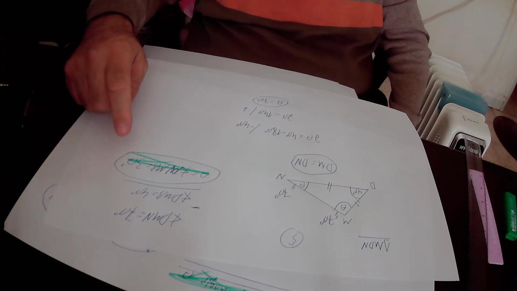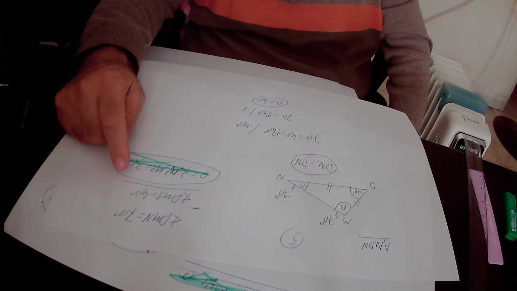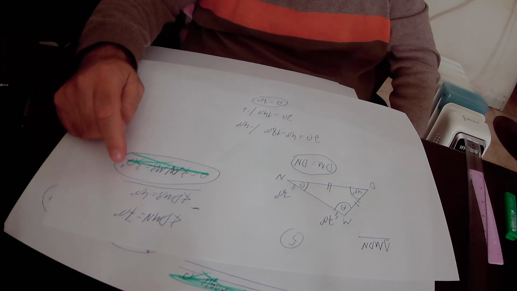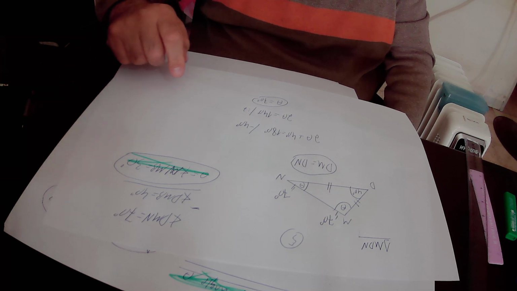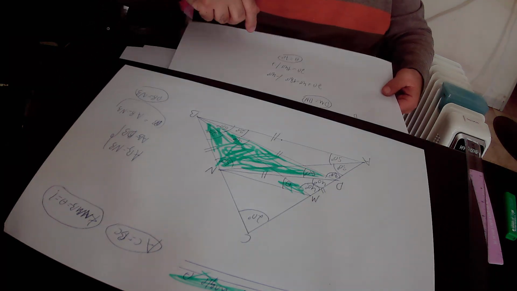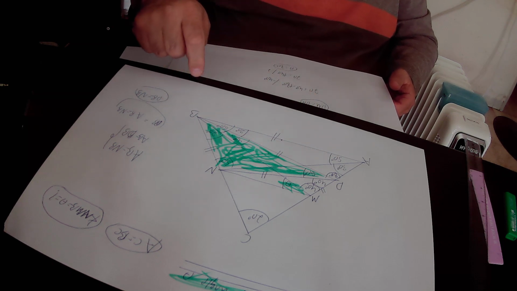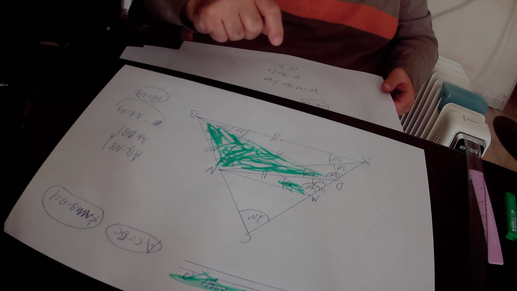The big angle equals 70 degrees, the small angle equals 40 degrees, so 70 minus 40 is 30 degrees. So actually we finally found out that the size of this angle theta, which is also angle NMB, equals 30 degrees.